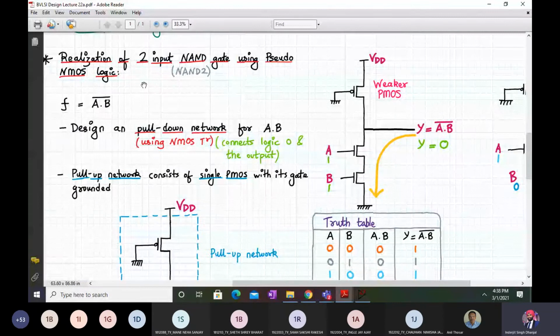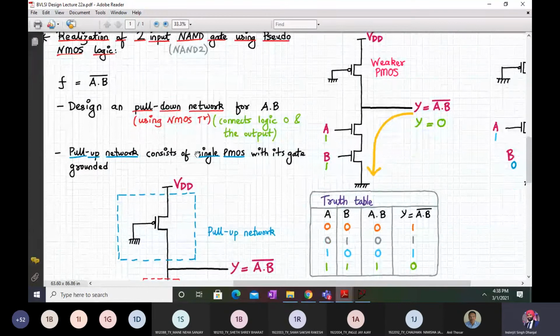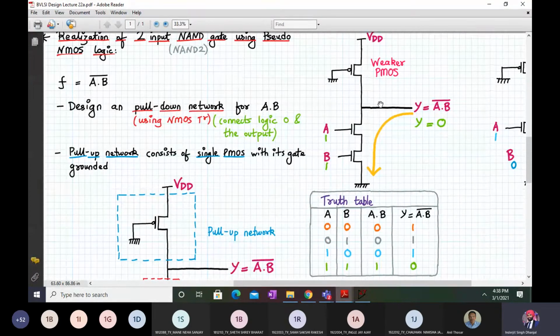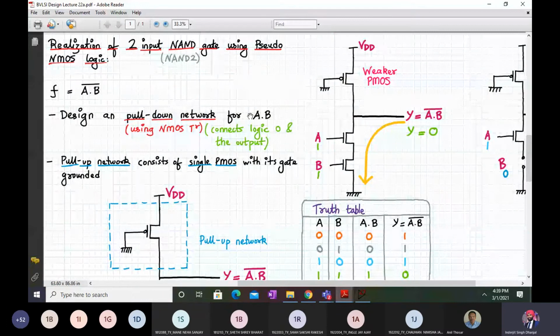Now, this is the realization of a two input NAND gate. Now, you will say we have studied this already. Yeah, you have studied this, and you have drawn this also. So let us consider some cases in this. So we are designing a pull-down network for A dot B. So this is the circuit implementation, and we have seen this. So what is the job of the pull-down network? The job of the pull-down network, which consists of NMOS transistors, is to connect logic zero, that is ground, and the output.